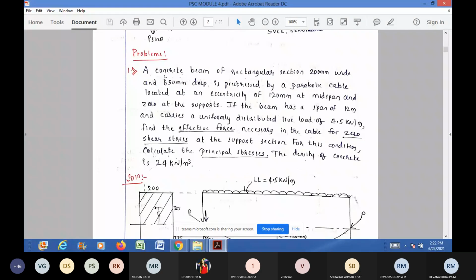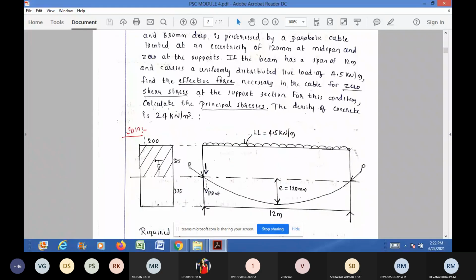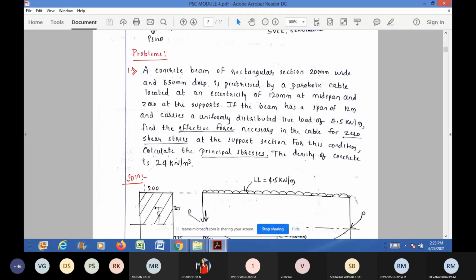A concrete beam of rectangular section 200 mm wide and 650 mm deep is pre-stressed by a parabolic cable located at an eccentricity of 120 mm at midspan and 0 at the support. I have written a cross section of the beam, and the dimensions are 200 mm wide and 650 mm deep.